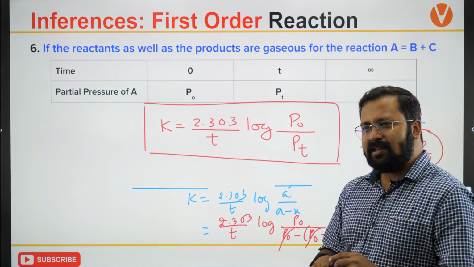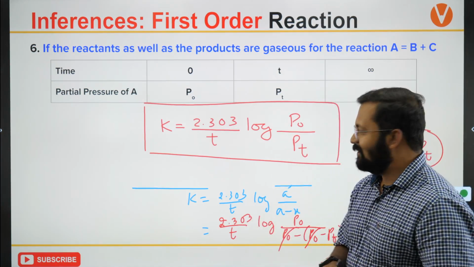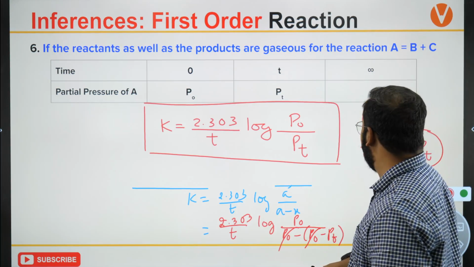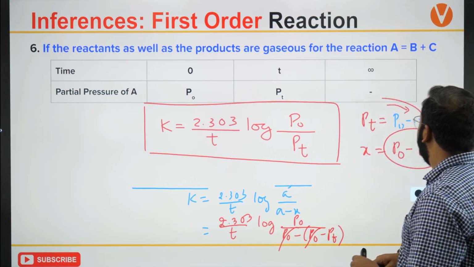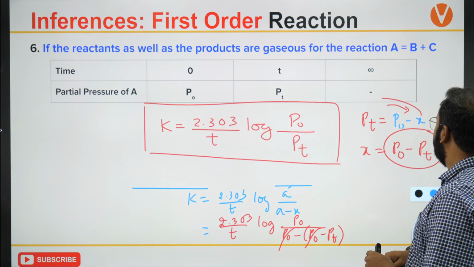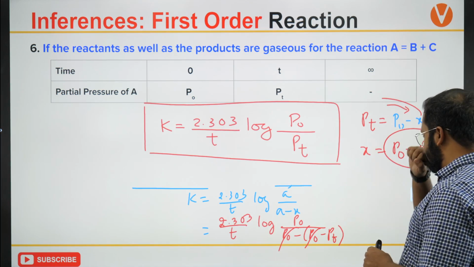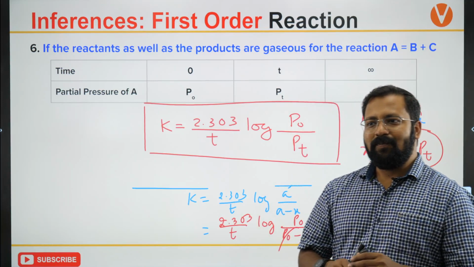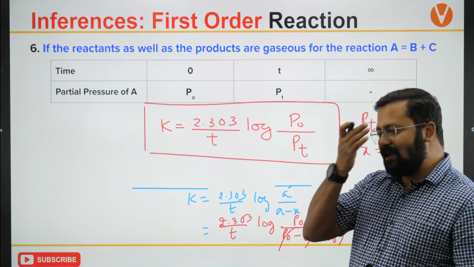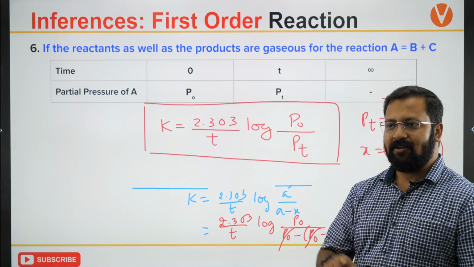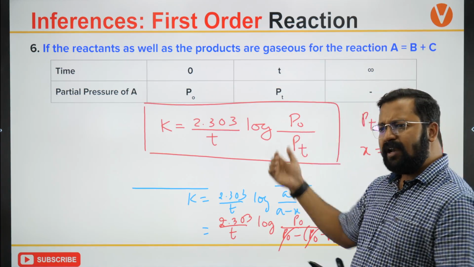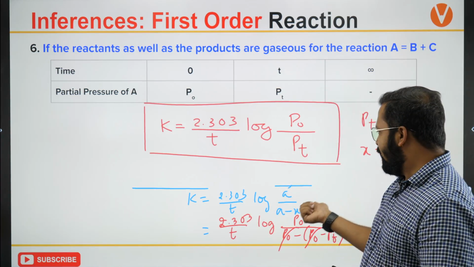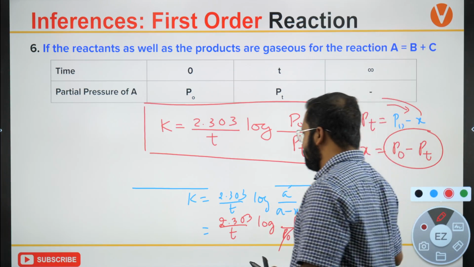X is PT minus P naught? How is X PT minus P naught? Check it again. It's not PT. PT is equal to P naught minus X. Why do you need to take anti-log?